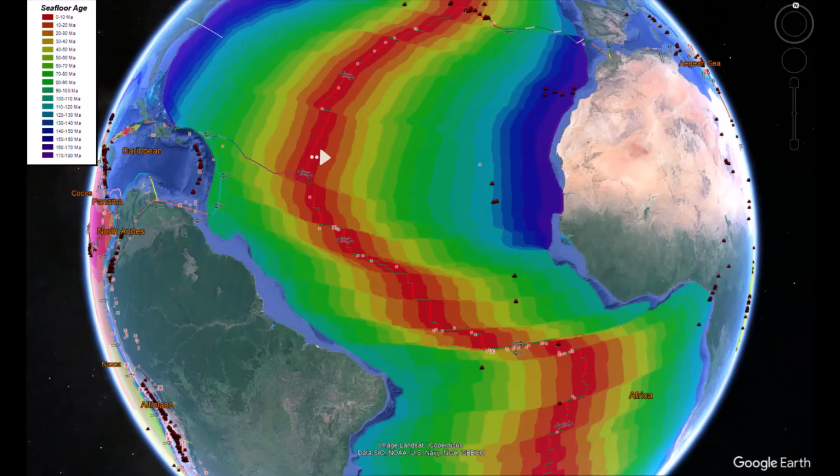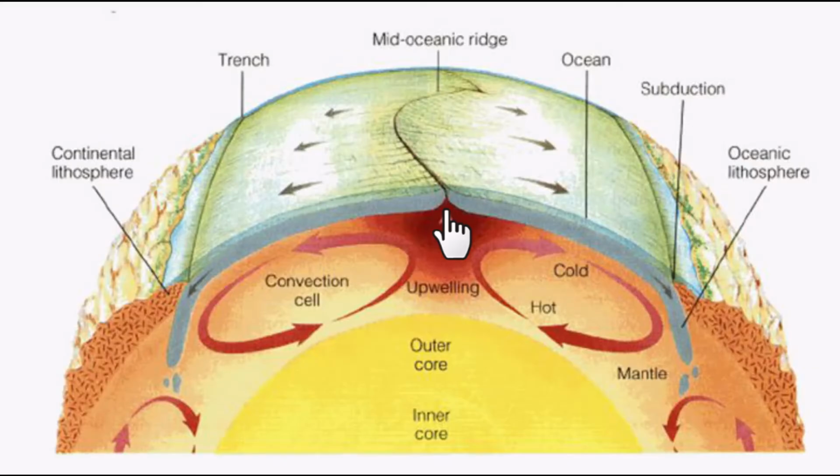The youngest ocean floor in all the oceans is found at mid-ocean ridges, and the oldest lithosphere is typically far away from the ridge where it formed. Oceanic plates grow at ocean ridges and are consumed into the mantle when they are subducted at a convergent boundary.